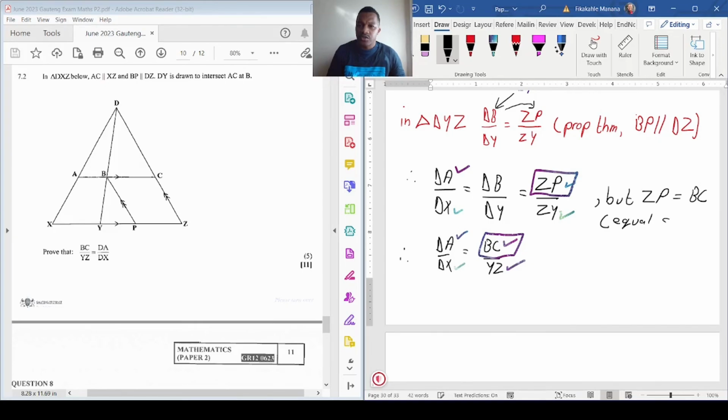We can write it as parallelogram. Okay, so now that we've made this statement, then this one is all correct, and we can make this conclusion.